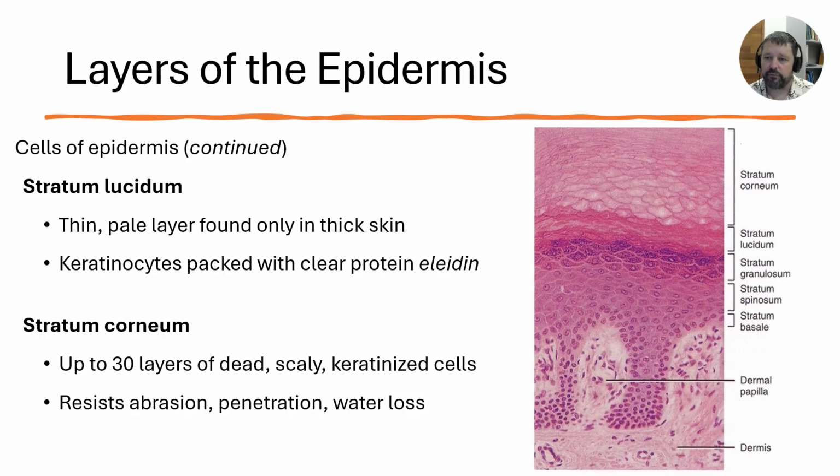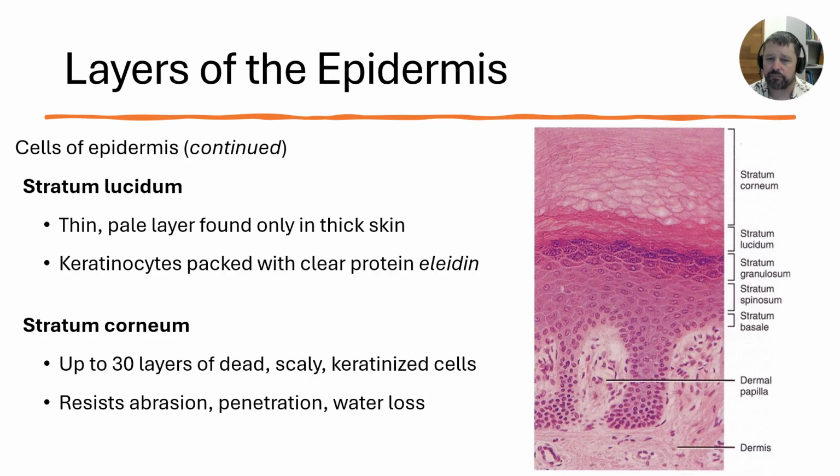Okay? And we can just go through them again, just so you can see a little bit different picture, a little bit different of a dye that dyed these cells, but that stratum corneum, multiple layers thick, all of them are dead. Lucidum, also dead cells, a little bit different kind of building.